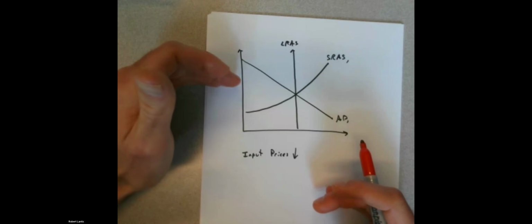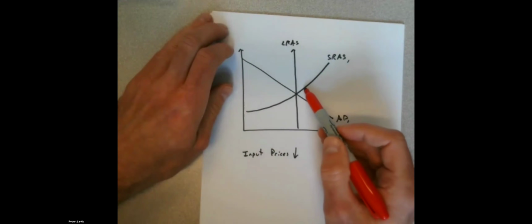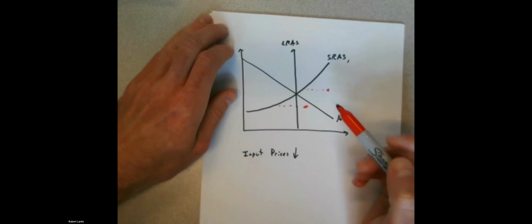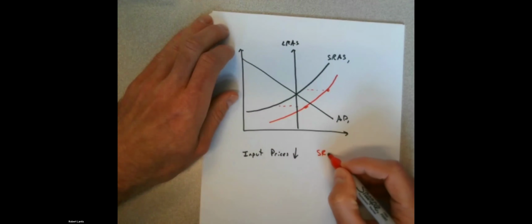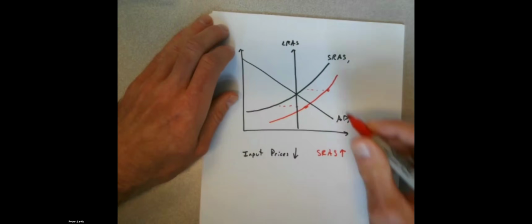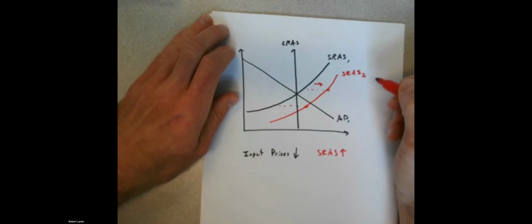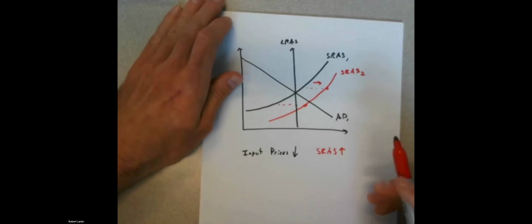If that cost falls, there are now units I wasn't producing before that I now will, because it's costing me less to produce them. So at any given price level, I'm going to produce more than before. So when input prices go down, my short run aggregate supply is going to increase, or shift to the right. This is something, input prices, that only impacts our short run.